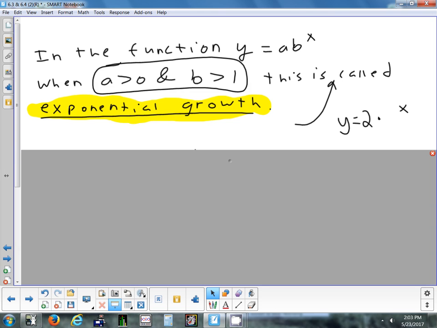B has to be greater than 1. 1.5, that works too. You can do a decimal. That fits the criteria for exponential growth. A is greater than 0. B is greater than 1. There you go.